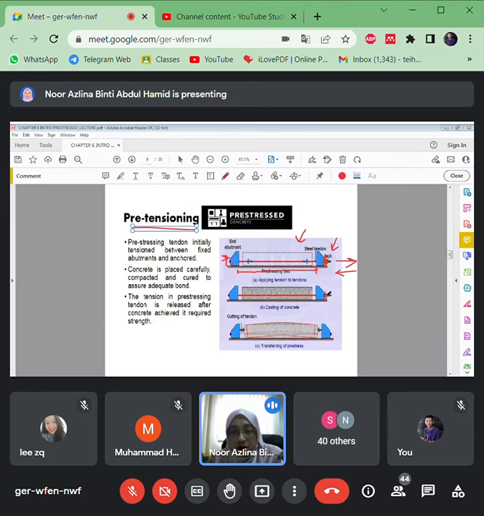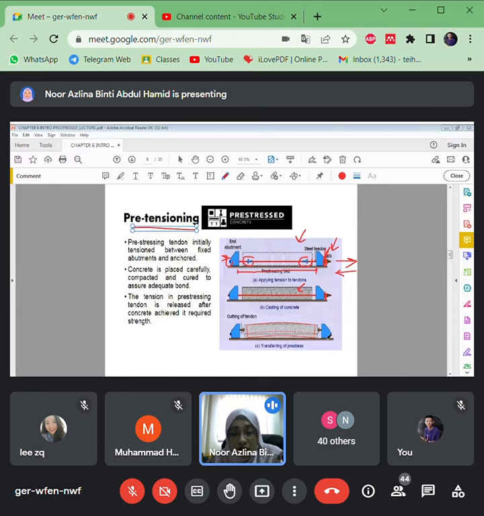So the first step for pre-tension, you need to stretch the steel reinforcements, then hold it by the anchorage. And then the second step, we do the casting of the concrete, and wait until it achieves its strength, might be up to 28 days.